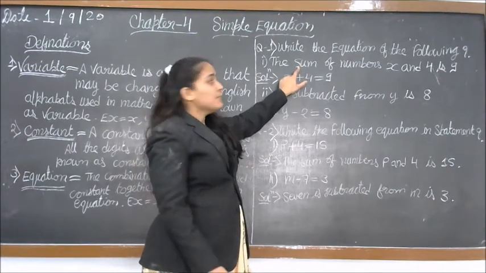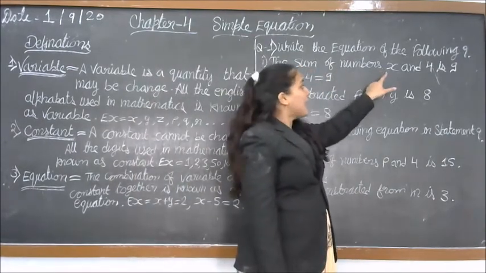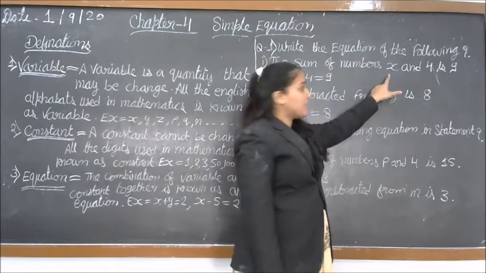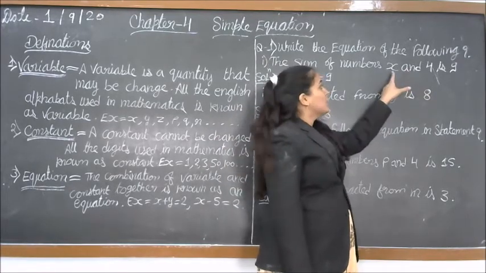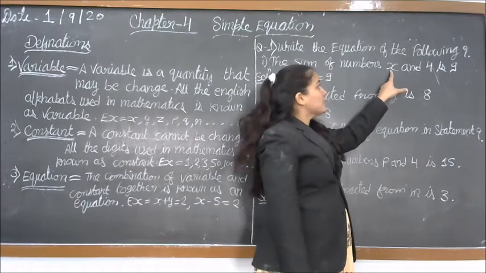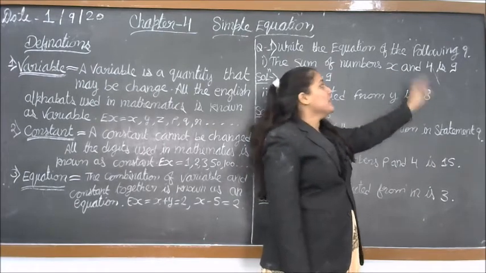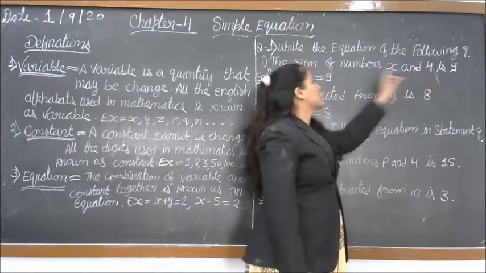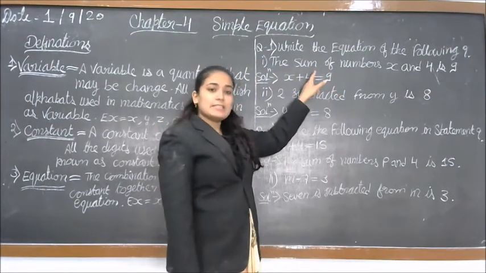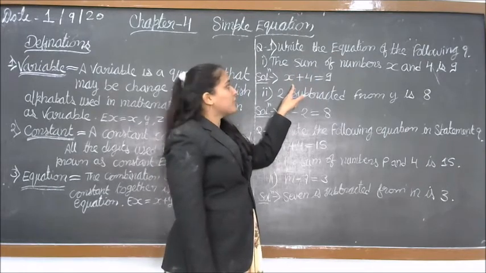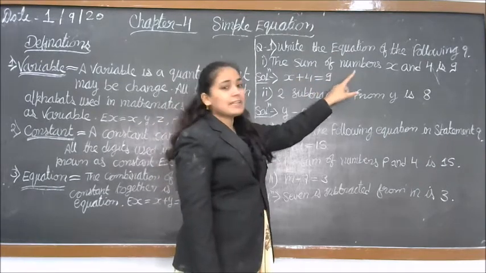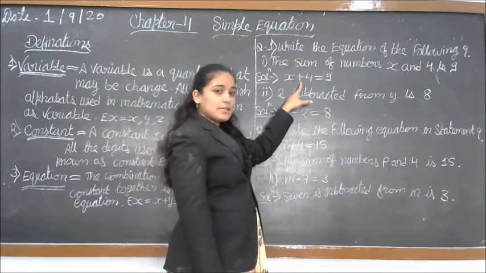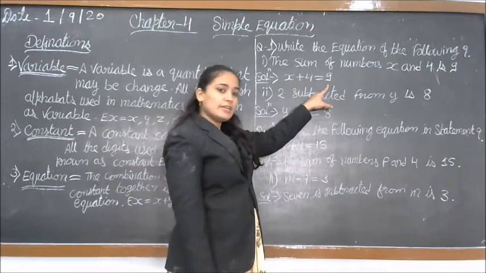There are 2 numbers here, one is a variable and one is a constant. When we add this variable and constant, the answer is 9. So, the sum of numbers x and 4 means x plus 4 equal to 9.